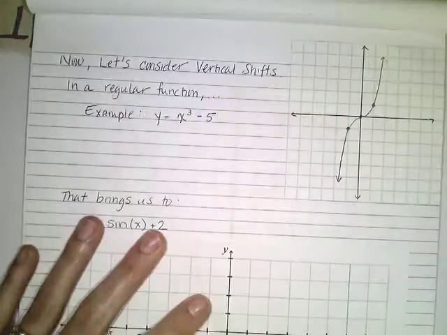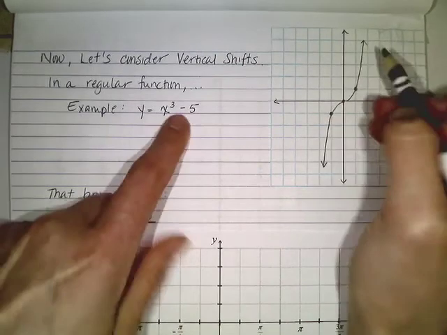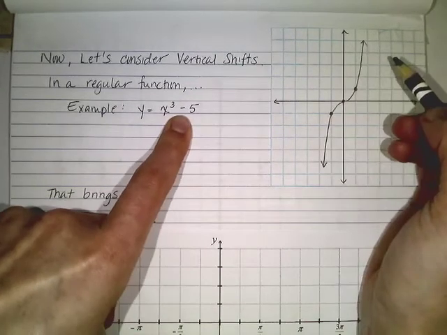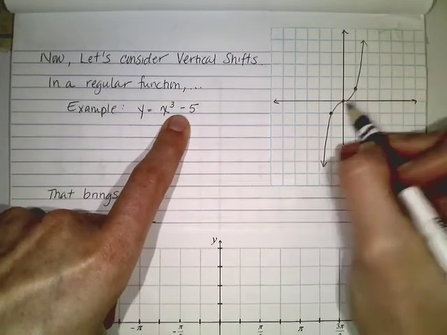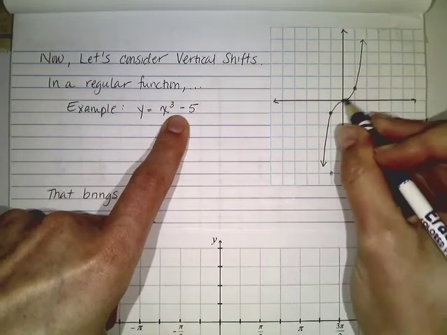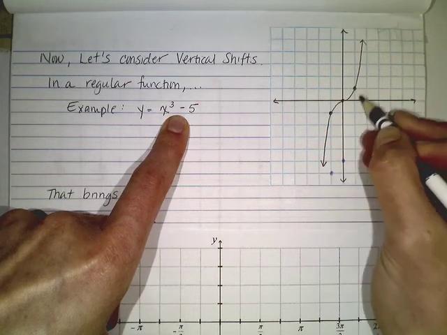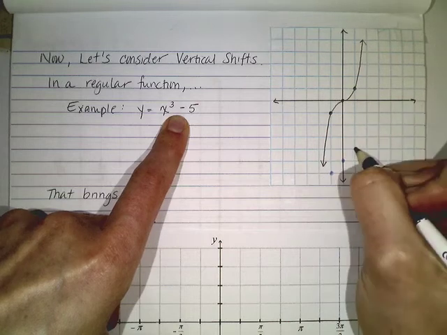Now let's consider vertical shifts. We know how vertical shifts work. Essentially, if it's not grouped with x, all we're doing is taking the position of each point and we're shifting it down 5. So you go 1, 2, 3, 4, 5. The shape of the graph is not changing, right?